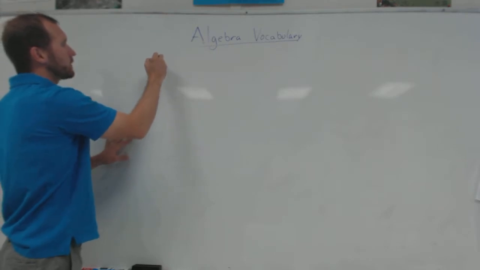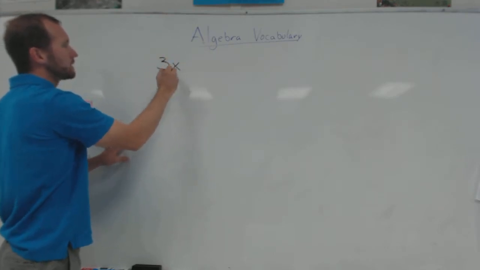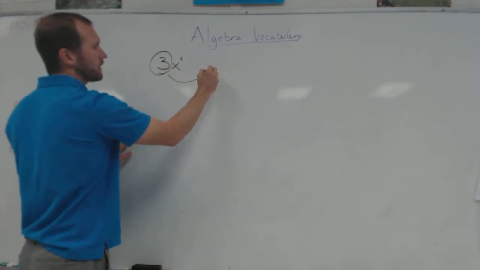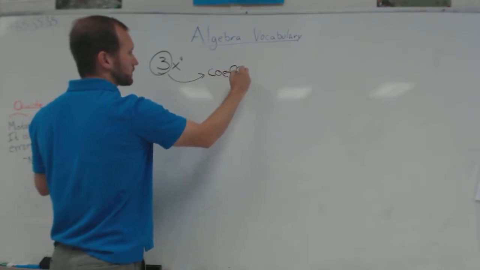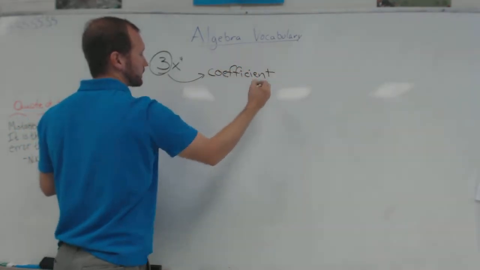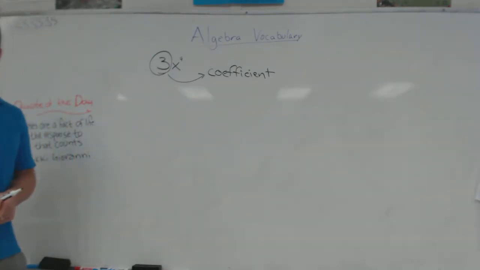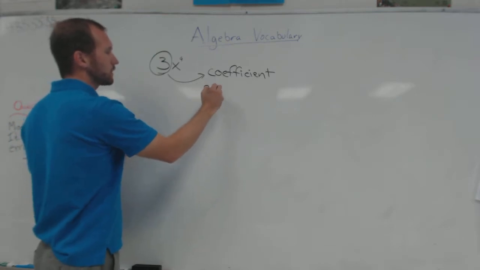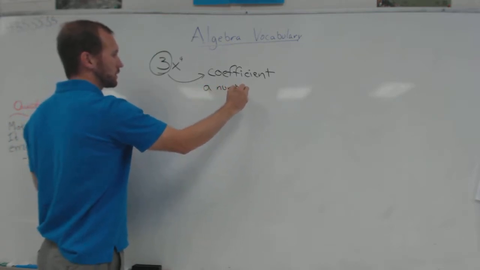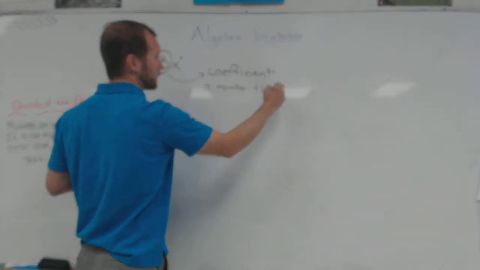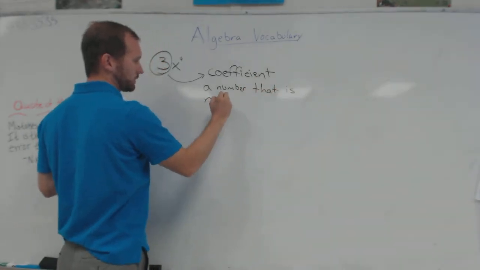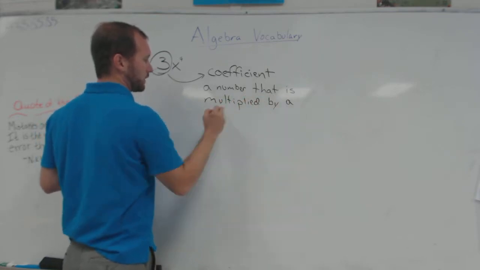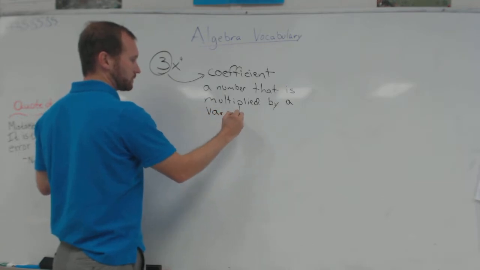A coefficient. So when we have 3x to the fourth, 3 is called a coefficient. This is a number that is multiplied by the variable.